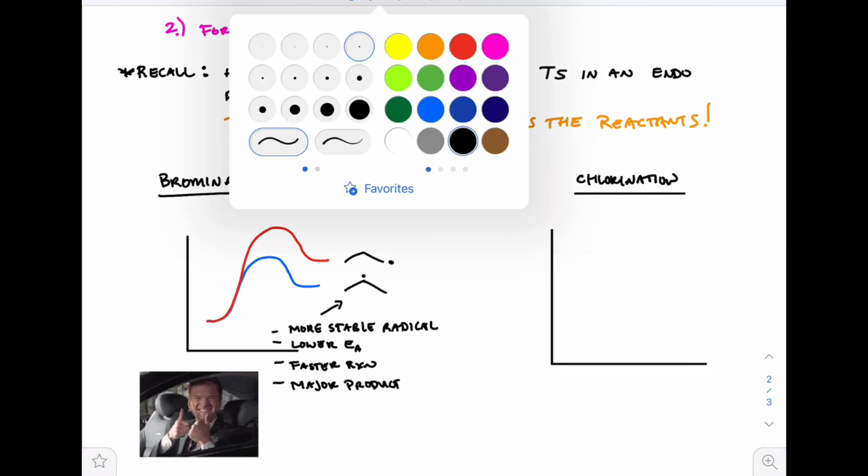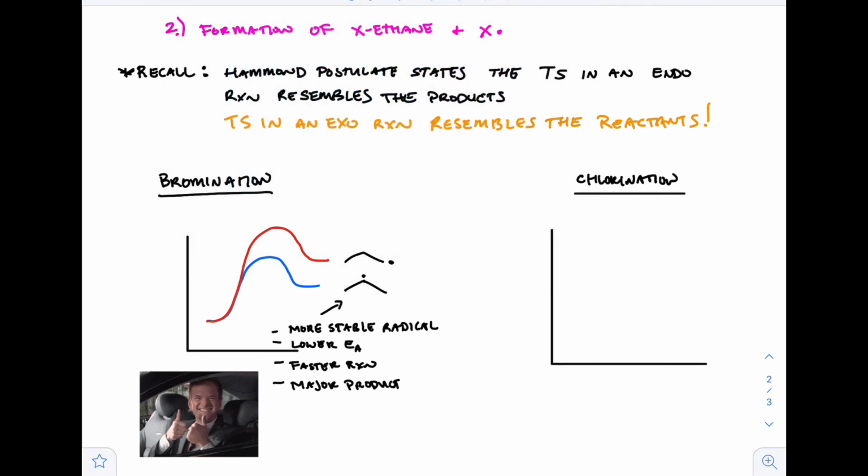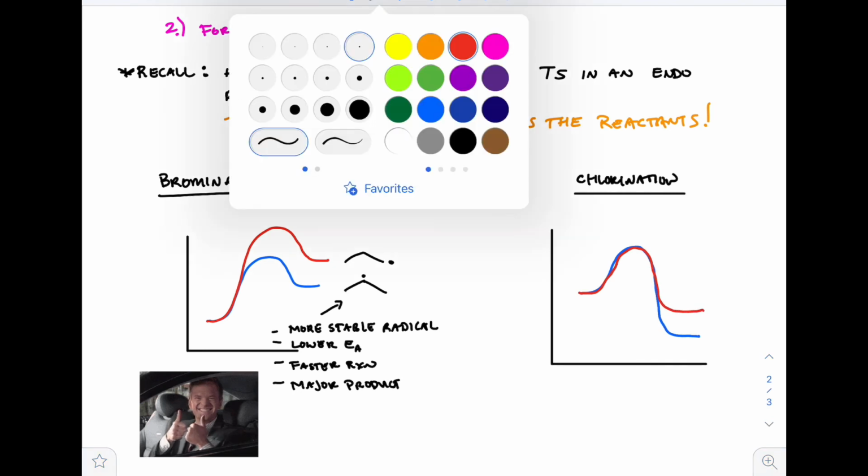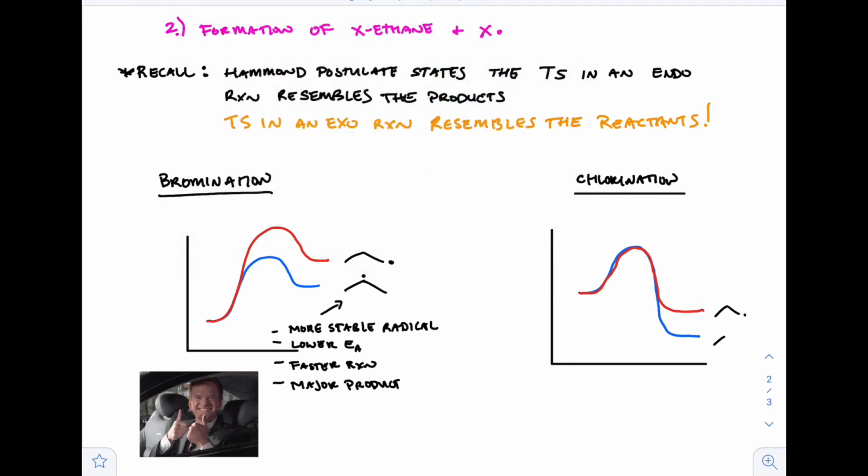So how does chlorination differ in terms of this first step and the reaction energy associated with the transition state and the products? Well, since this is an exothermic reaction, we have obviously different energies for the stability of those final product radicals. But the starting energy is the same because it's the reactants, and the transition state energy is roughly the same as well because it's an exothermic process and it resembles the starting materials, right?